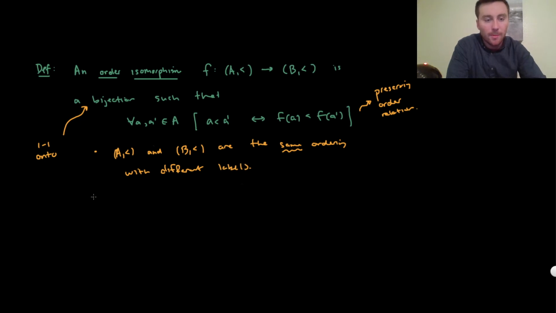Another way to think about this is that one of the consequences is that if you have some order theoretic statement, it's true in A exactly when it's true in B. So another way of expressing this is that A and B have the same order theoretic properties.